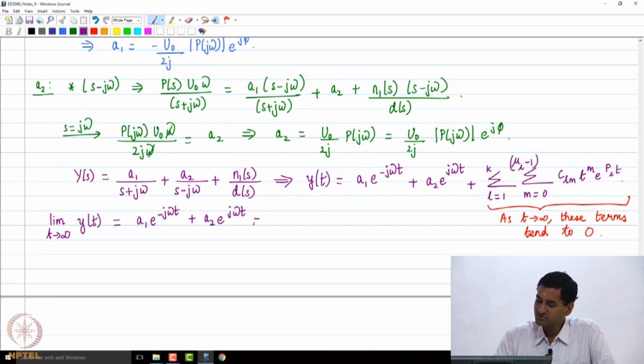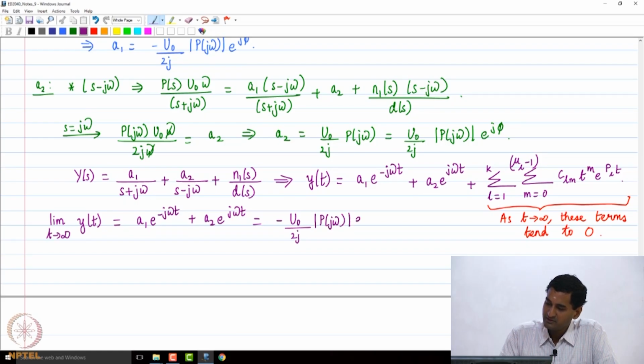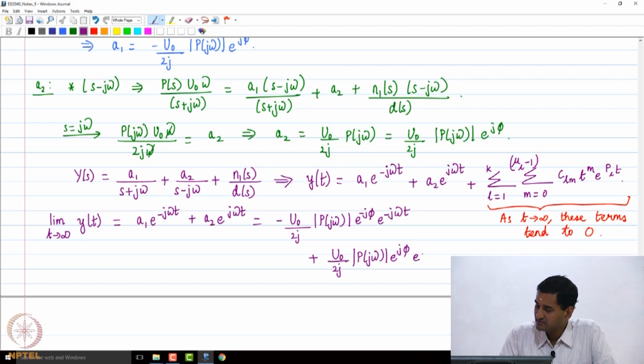Now let us substitute for a1. a1 is going to be minus u0 divided by 2j, magnitude of P(jω), e^(jφ), multiplied by e^(-jωt), and plus a2 is going to be u0 divided by 2j, the magnitude of P(jω), e^(-jφ), e^(jωt).